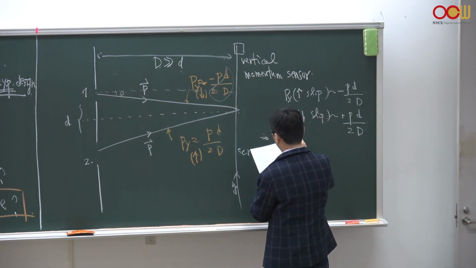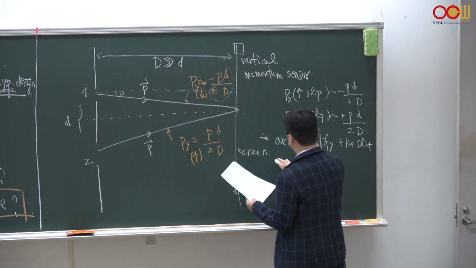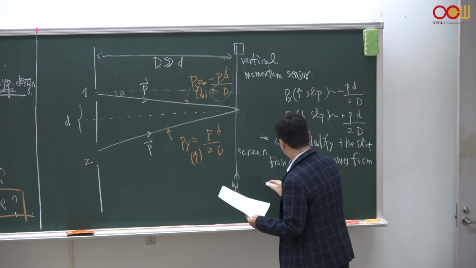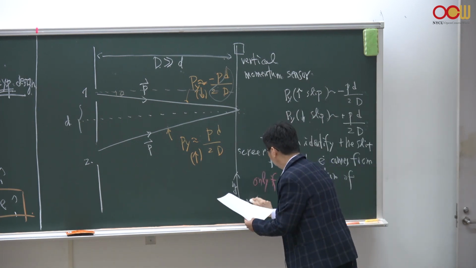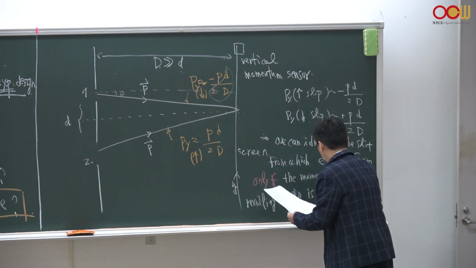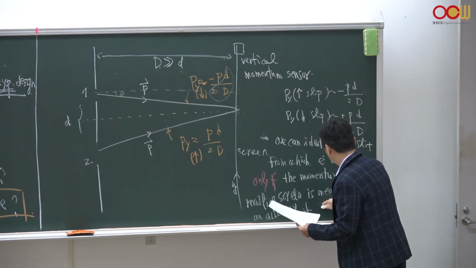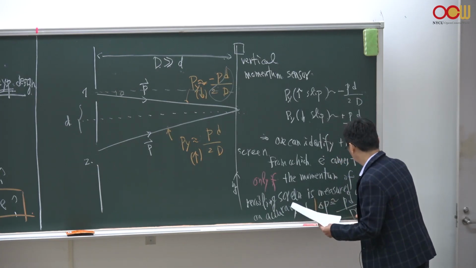So as a result, we can identify the slit from which the electron comes only if the momentum of this recoiling screen is measured with an accuracy of this difference between these two momenta. Right?